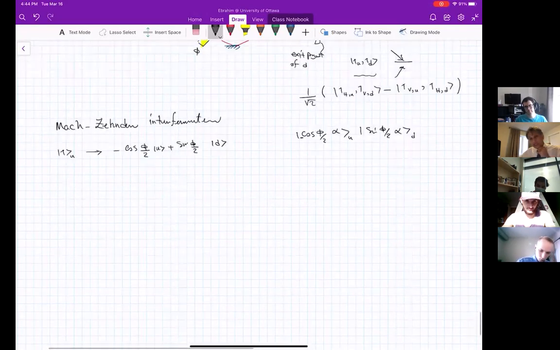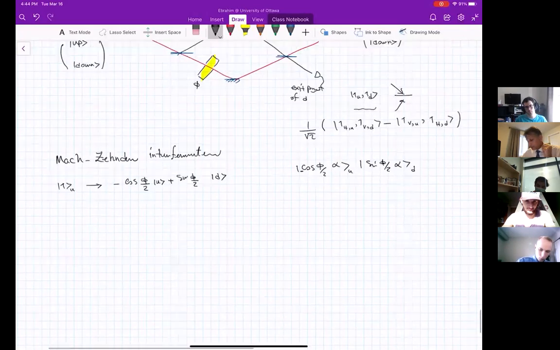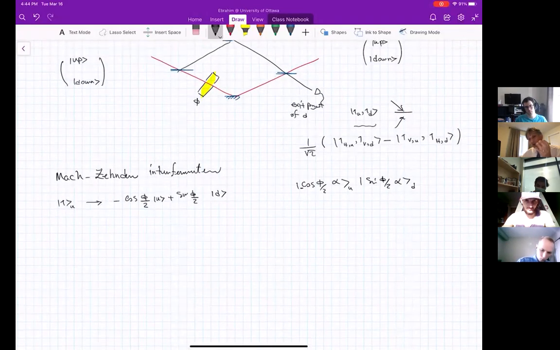Then I want to understand what field I get there, right? Clear? I'm looking to get the information about the field that is coming to the port D. So one of the arms that the electric field is propagating through is the black one, which comes here with the mirror.